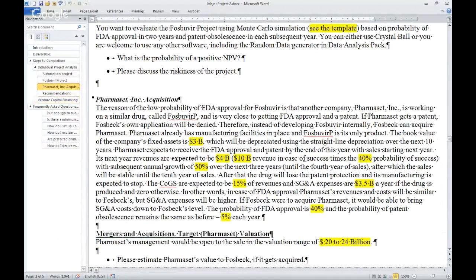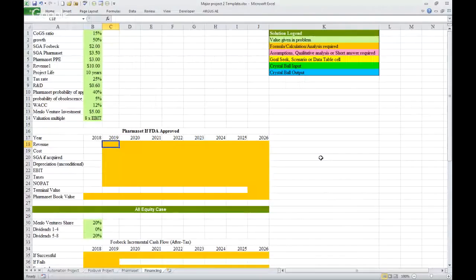And so $10 billion revenue, it's plainly in the description of the project. It says that there will be 10 billion revenue. So if it is approved, that means that the revenue will be 10 billion. Because again, the expected revenue would take into account the probability of approval, which was 40%. But here it says, once it is approved, then the revenue is 10 billion.